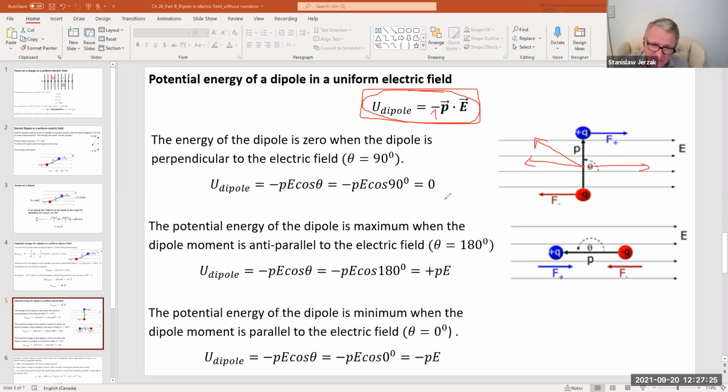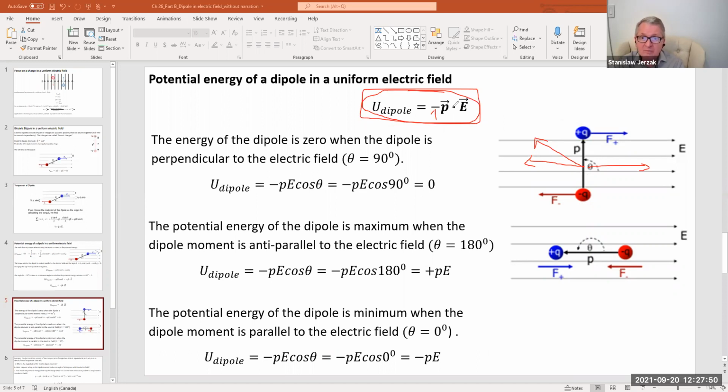So I wanted to clarify that energy can be positive or negative because our reference energy is the 0 energy when the dipole is perpendicular to the field. You just have to accept that this is the meaning of this expression: the potential energy difference relative to that perpendicular orientation.